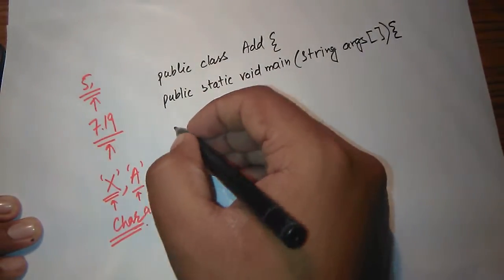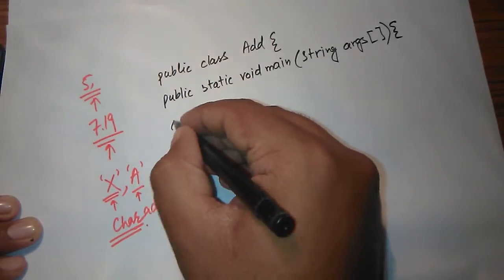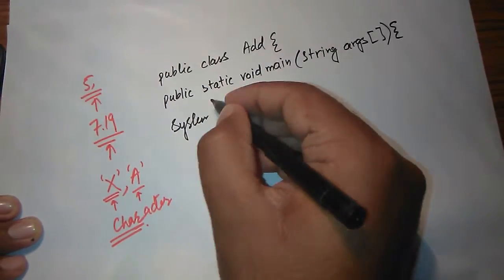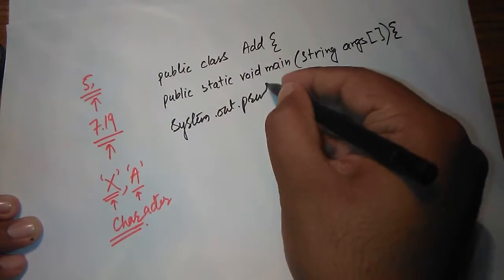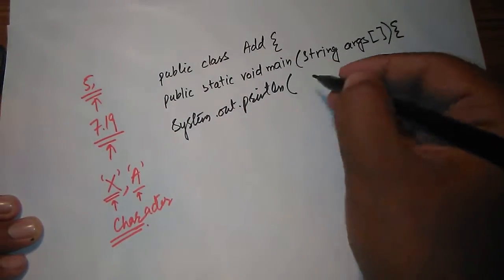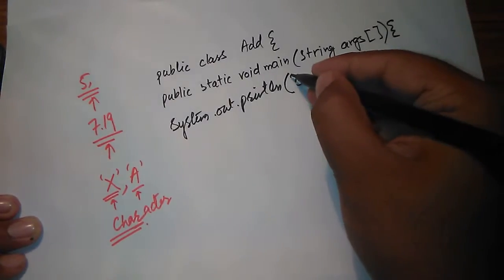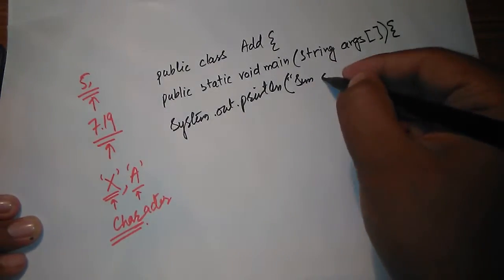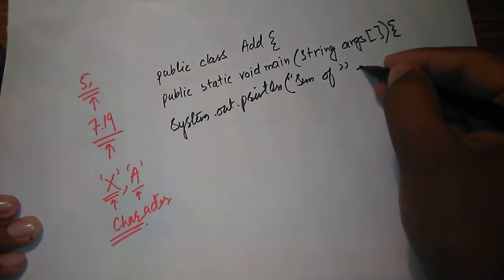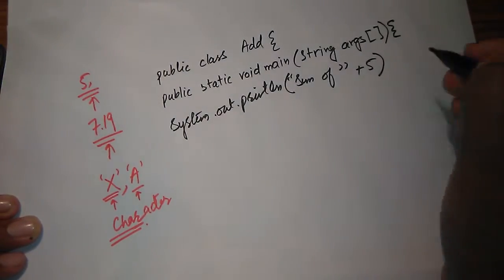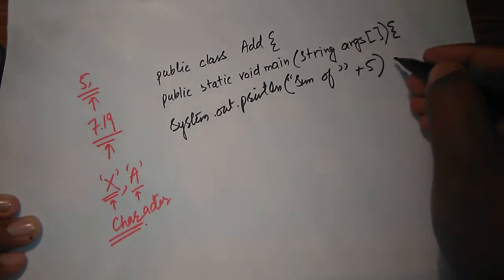For example, I have here System.out.println. I'm writing here "sum of", and I'm ending here this way.